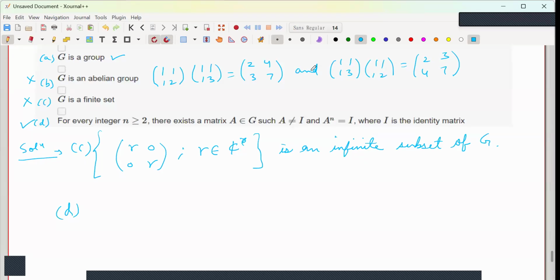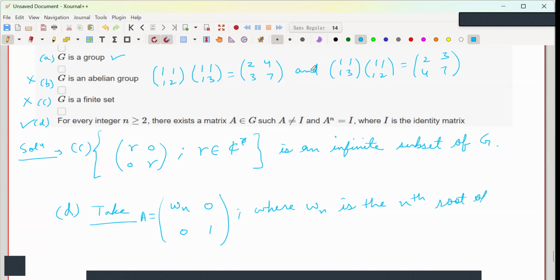So taking the whole matrix to the power n will give I. Take A equal to Wn 0, 0, 1, where Wn is the nth root of unity.